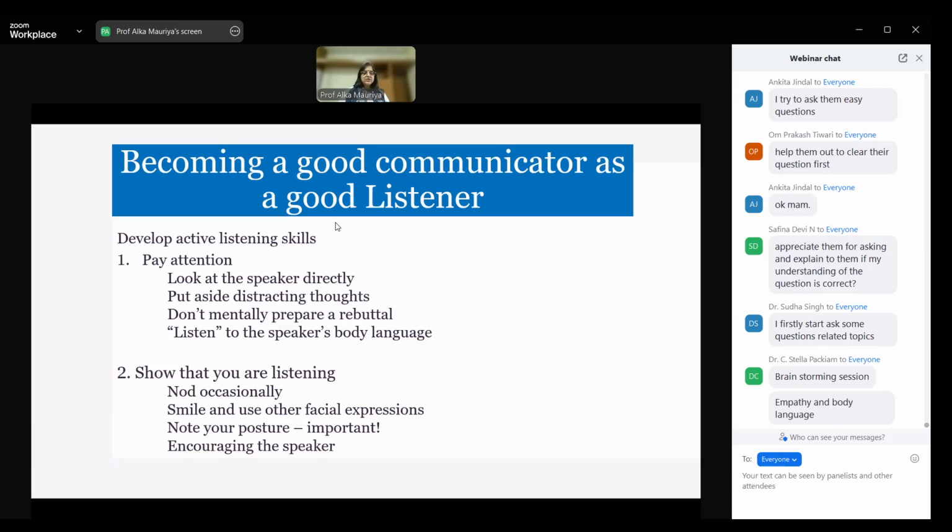At times, because of cultural differences, the tone of the student is such that they might sound a bit aggressive, though they are not, right? So we also have to have that empathy. Someone has already written this word here, Dr. Stella, that empathy and body language is very important.